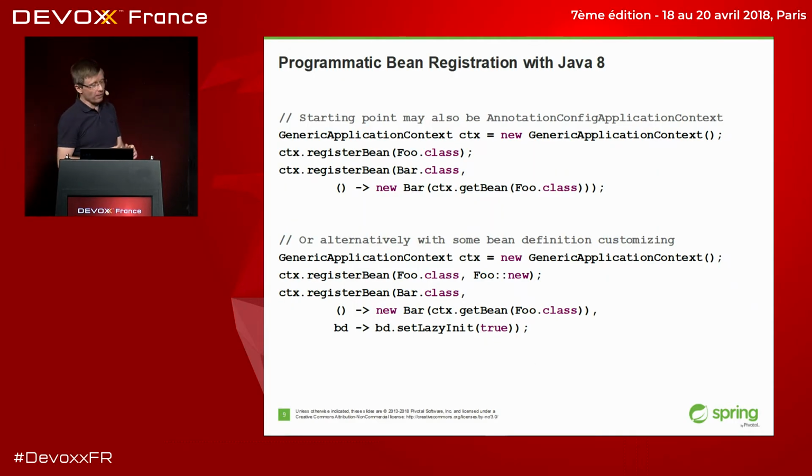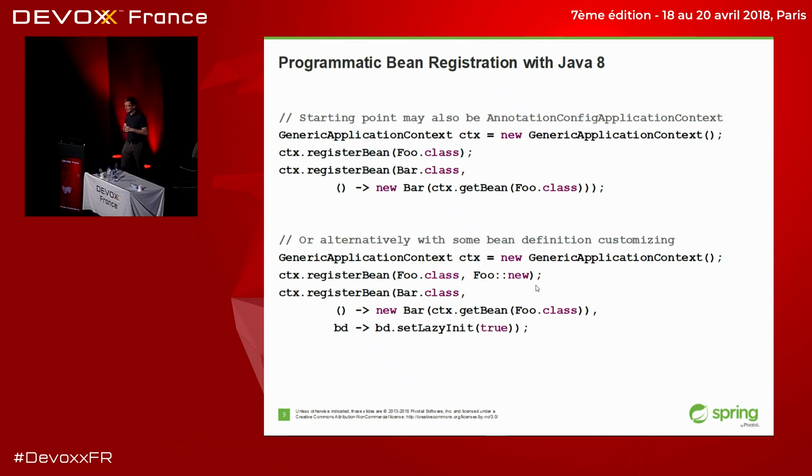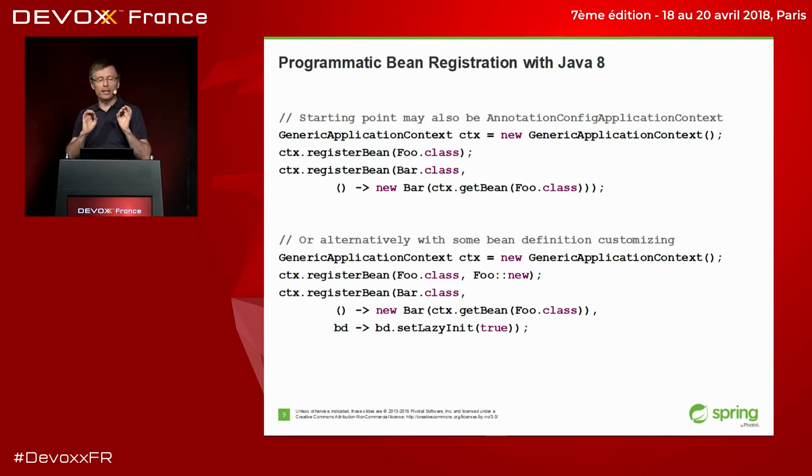Now, another noteworthy difference while we're at it, what about this one, right? Foo::new. Well, this is essentially expressing the same thing as above, calling the default constructor of foo. The main difference is that we're explicitly specifying an instance supplier instead of relying on default instantiation. Simply speaking, this one calls Class.newInstance, which technically is reflection.